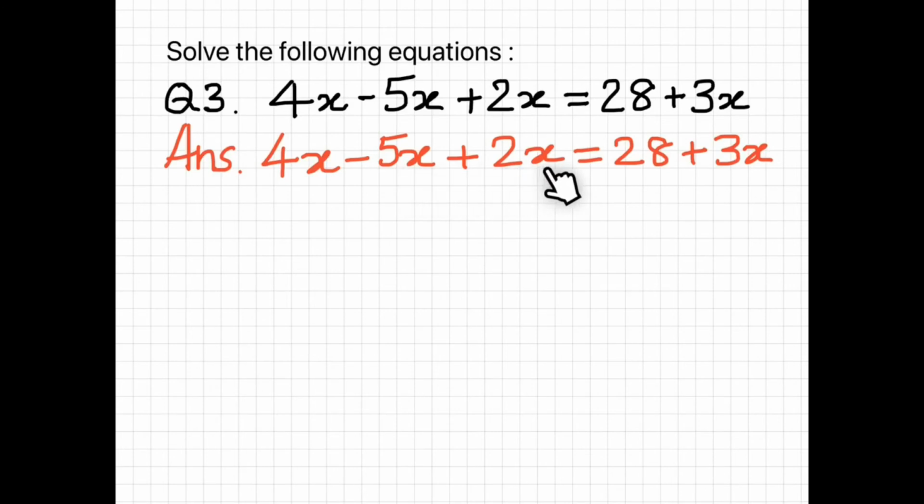So let's simplify the left hand side first. 4x minus 5x is minus x plus 2x is equal to 28 plus 3x.